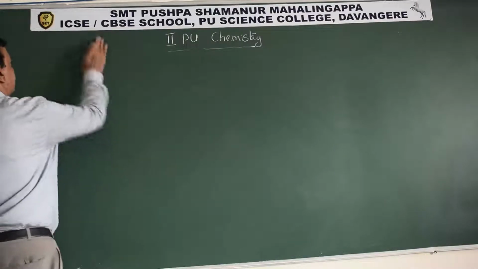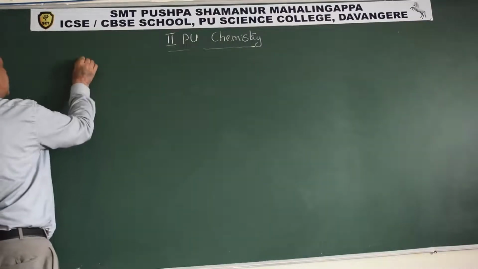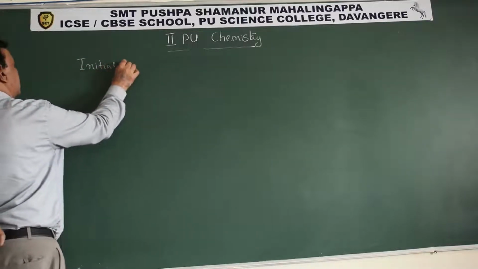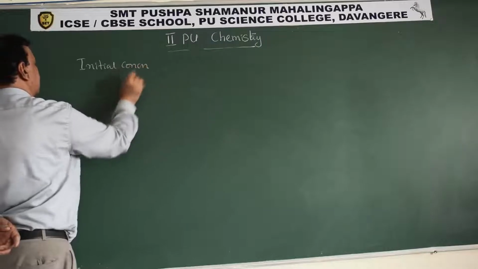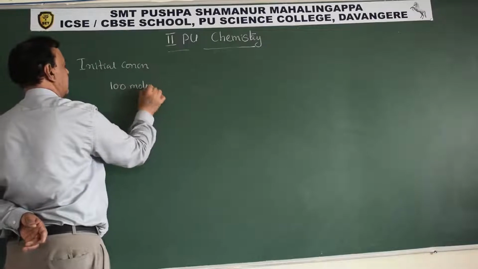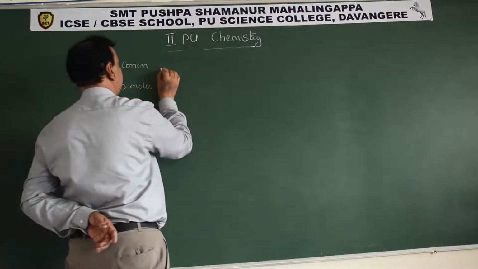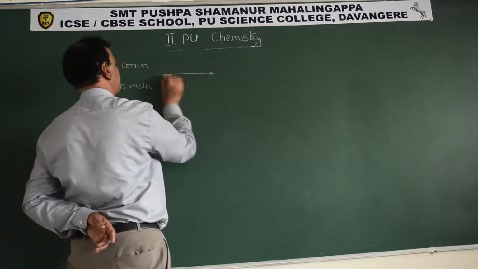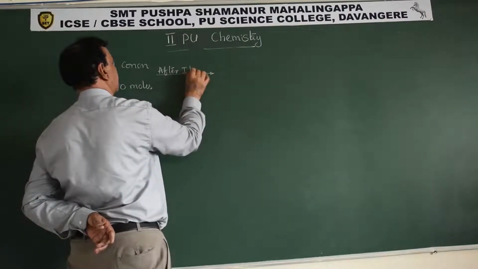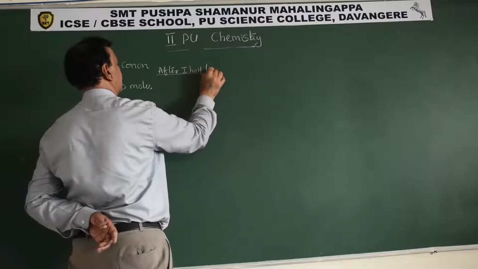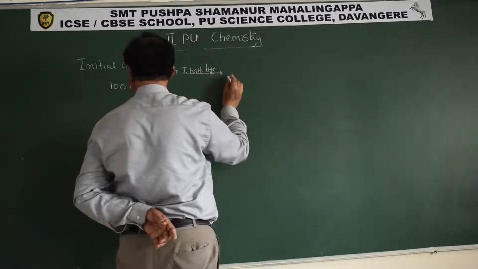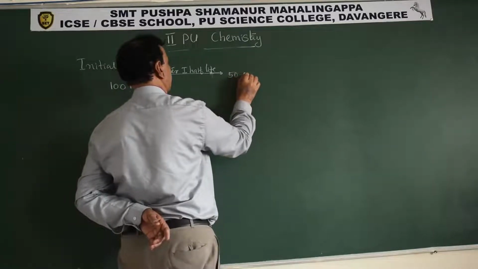Now, what is half-life period? Assume that is the initial concentration. If it is 100 moles, after the first half-life period, it is reduced to 50 moles.